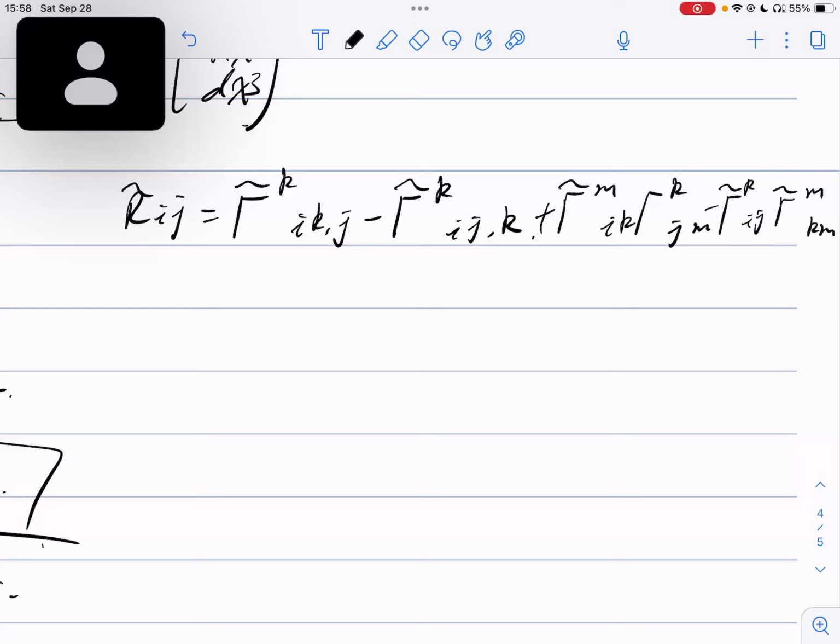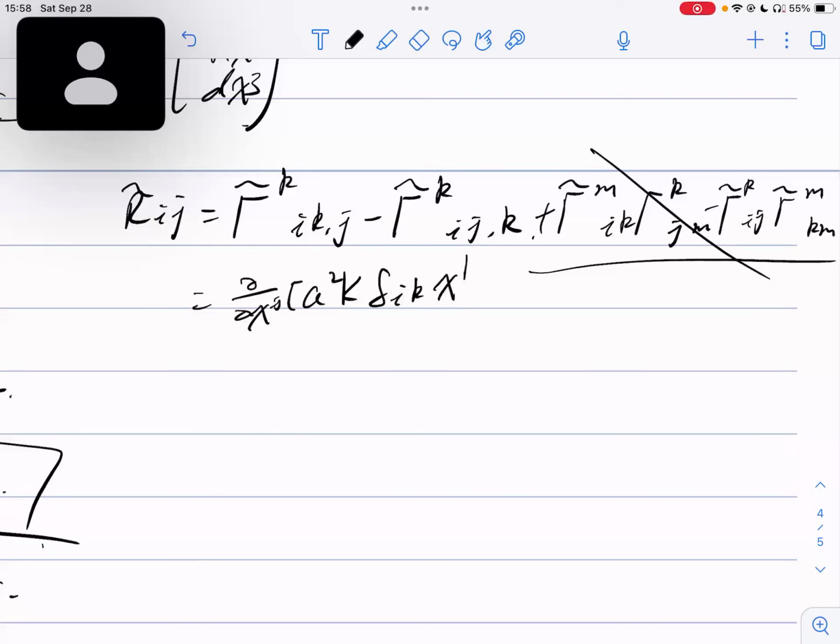If you substitute the expression for gamma, you will find the latter two terms just vanish. And the first two terms: partial xj of a square k delta ik xk minus partial xk of a square delta ij xk.